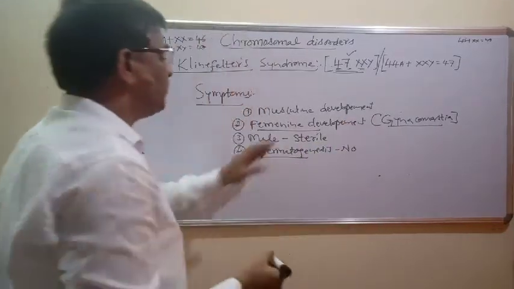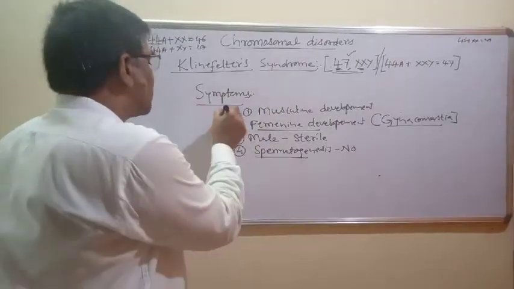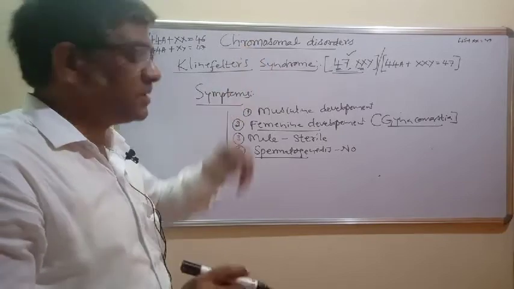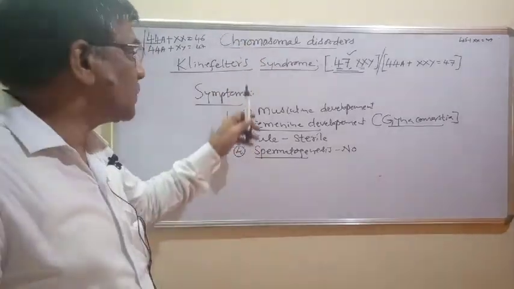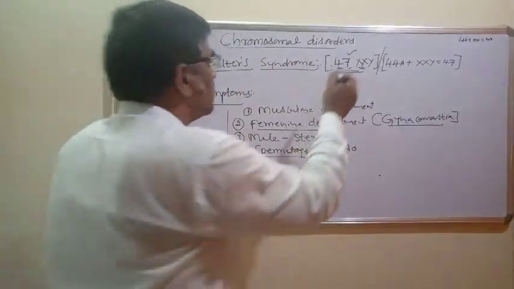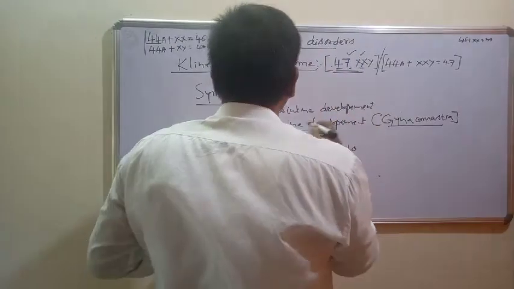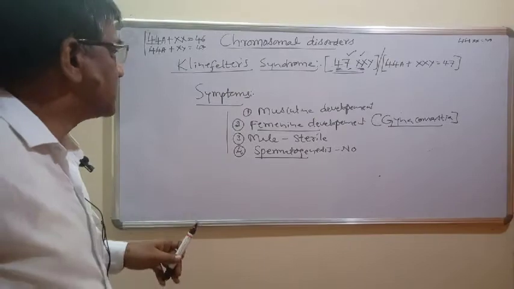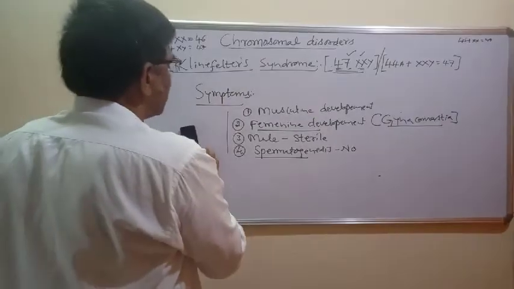Therefore the male becomes sterile. So these are a few important features or symptoms of Klinefelter's syndrome. In the examination they may ask to write about the karyotype or symptoms of the disease. Then you have to list out all these symptoms regarding Klinefelter syndrome.